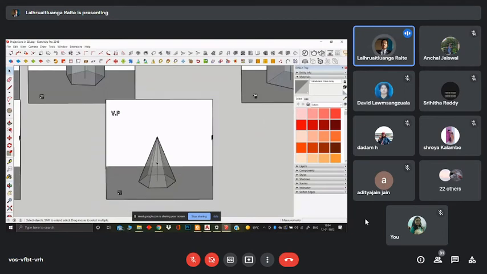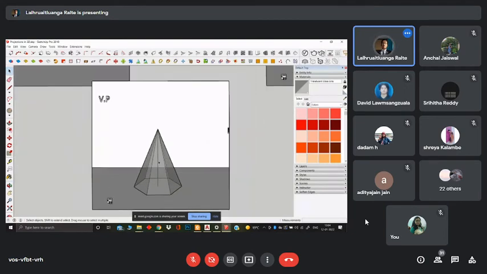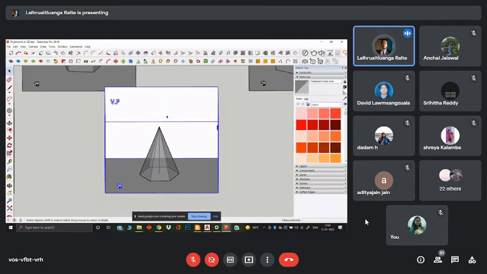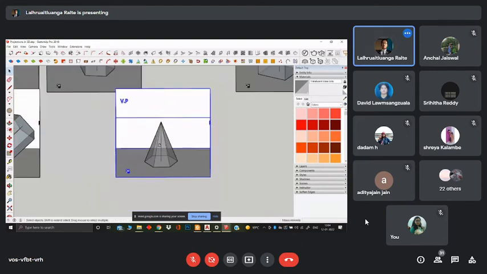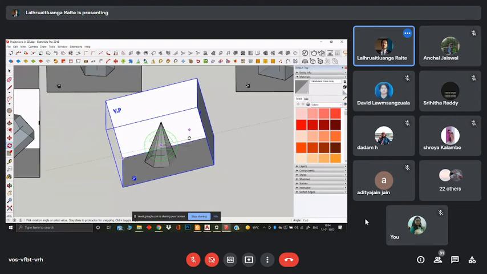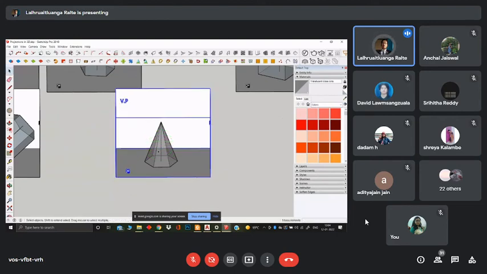So in order to stay parallel to it, we can rotate it only in this direction, along this face only, like this.